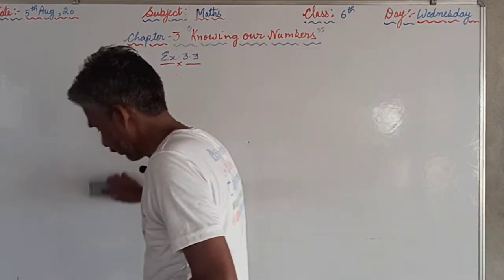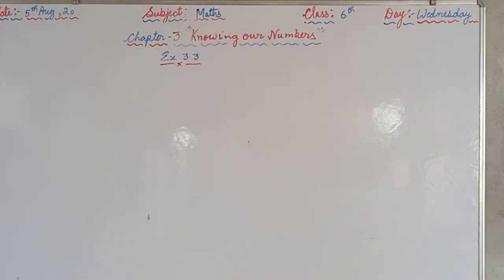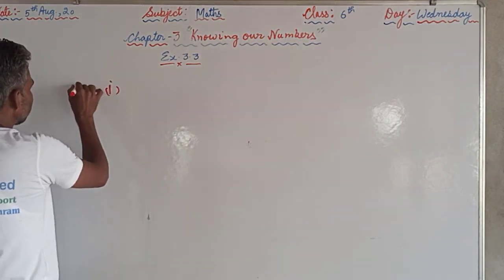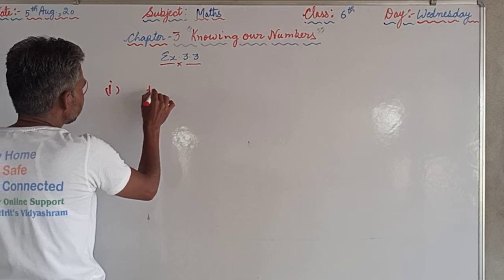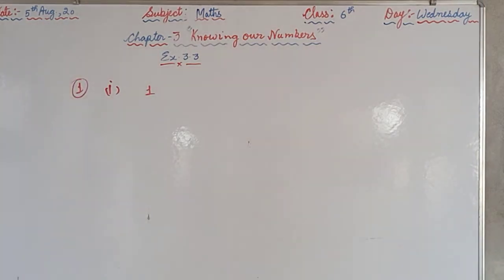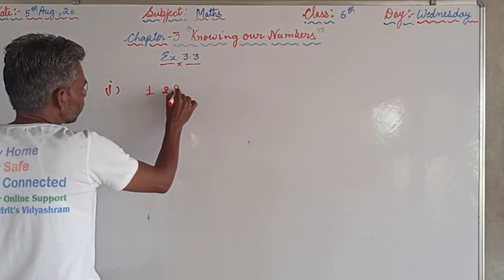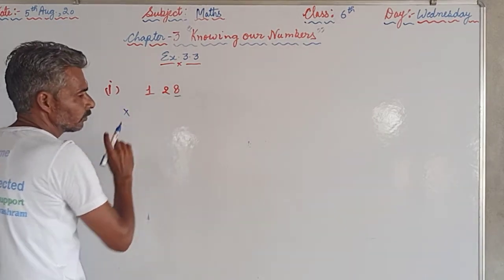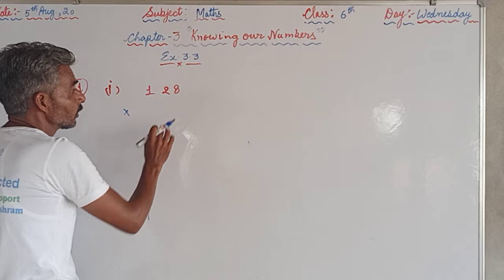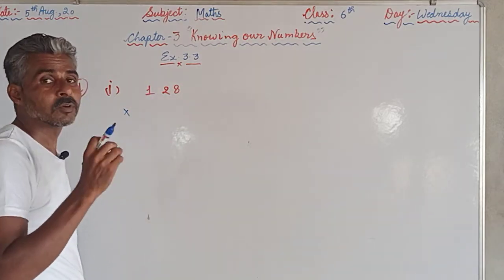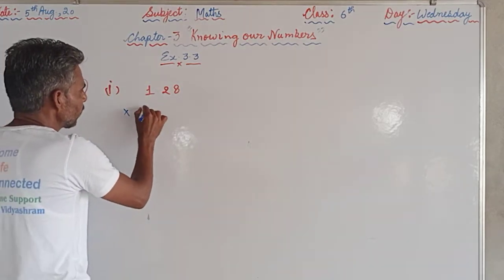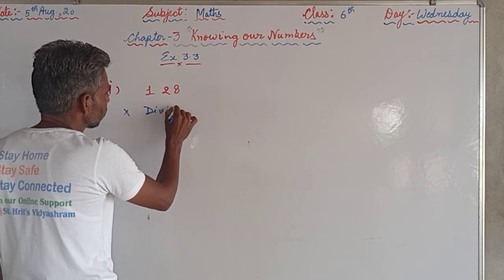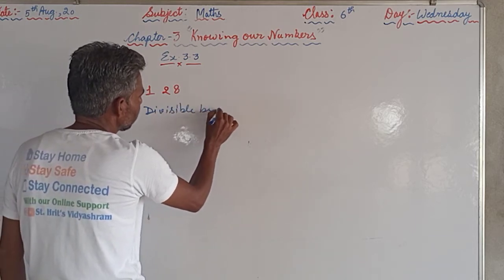like a question. Suppose 128 is there, first question, first part, 128. So first we will start with 2. At the ones place it is 8, means 0 2 4 6 8, so divisible by 2.